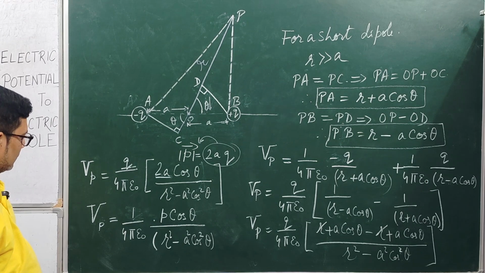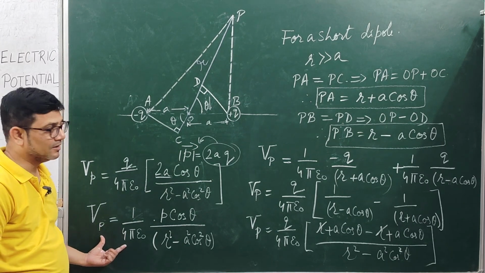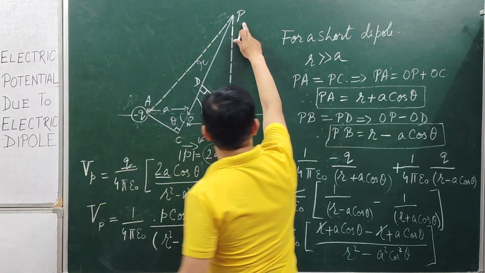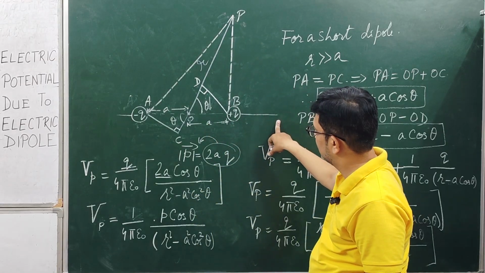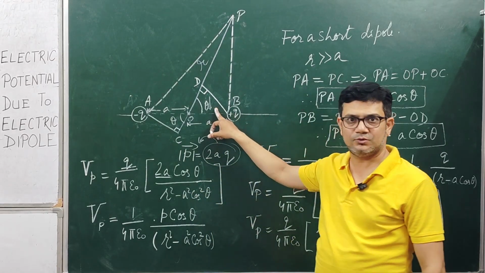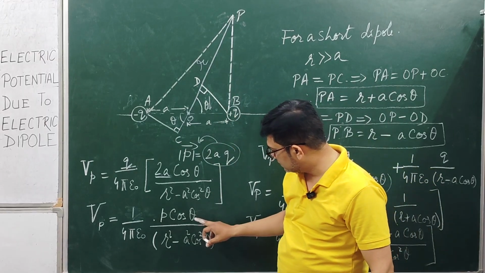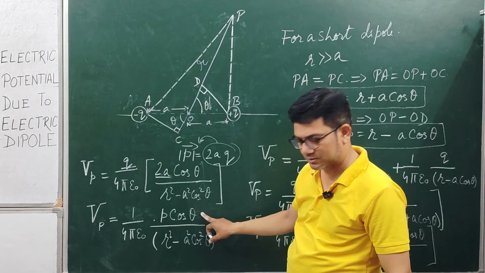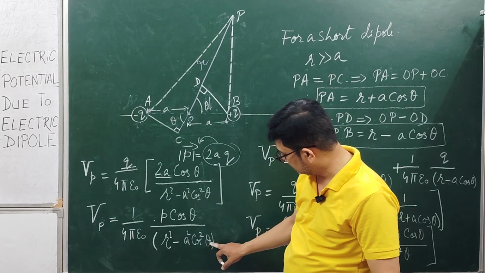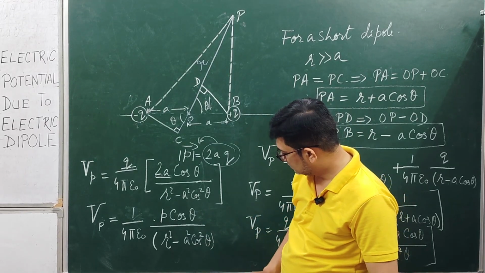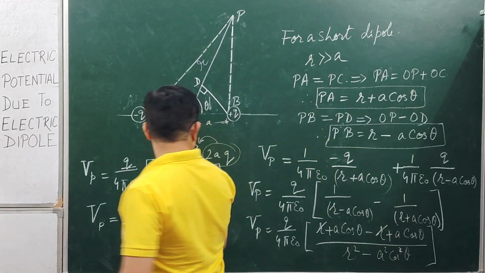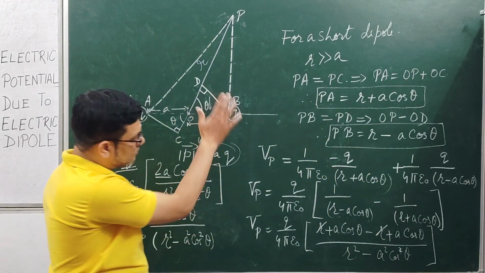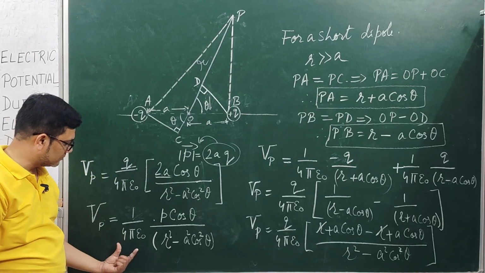Well, now we can have three conditions. If we want this P to align with the axis, then theta is going to be 0. If theta goes 0 here, cos 0 is going to be 1, and here also cos theta would become 1. So we'll be left with three situations. Take note of these steps, and then we'll talk about the three situations.